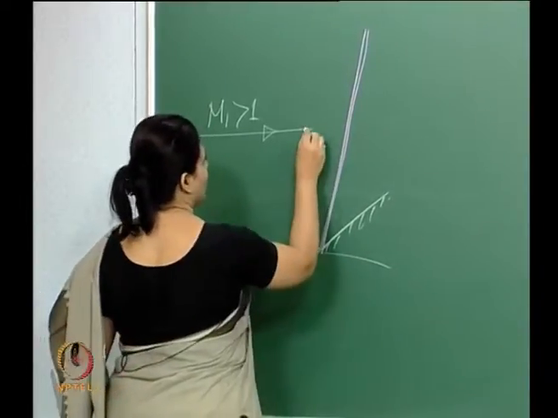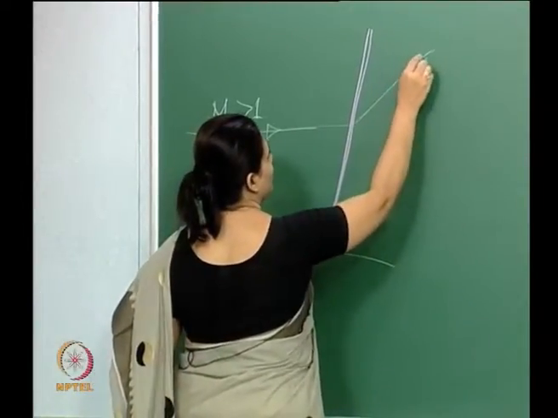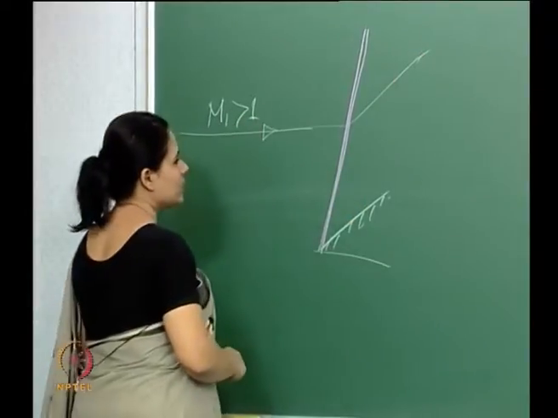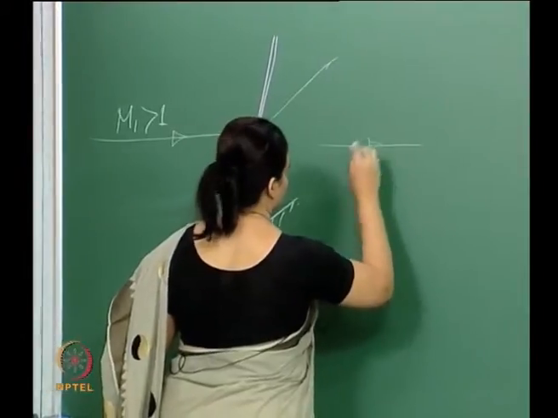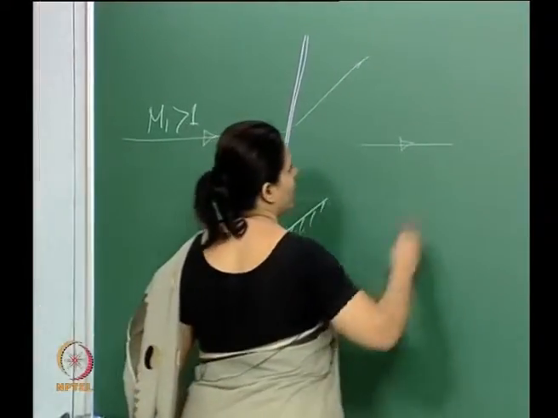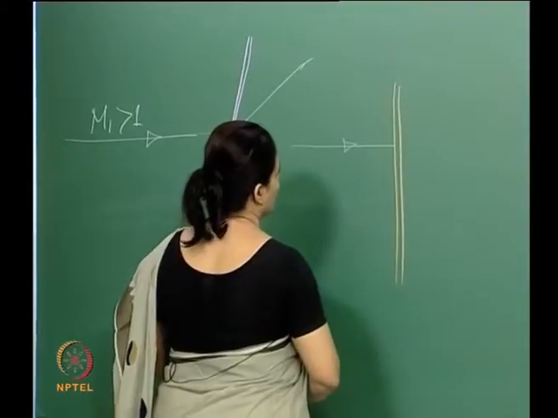The shock wave turns the flow, etc. Or if you have an incident flow like that, you have a normal shock, right?